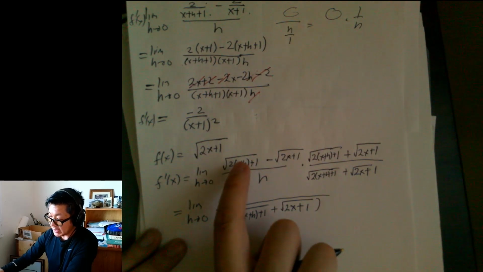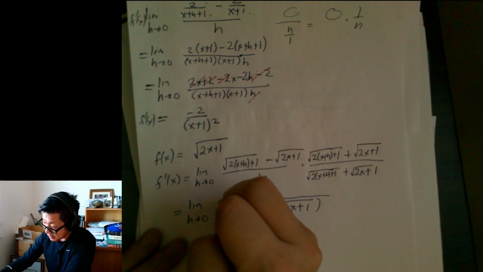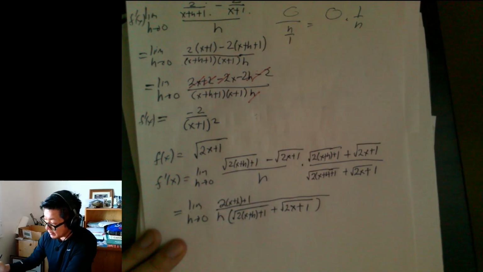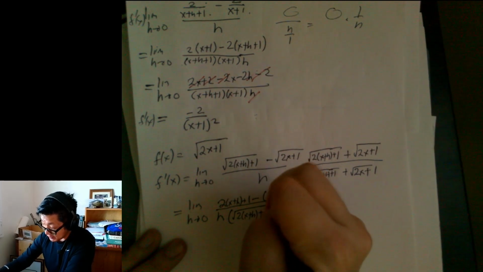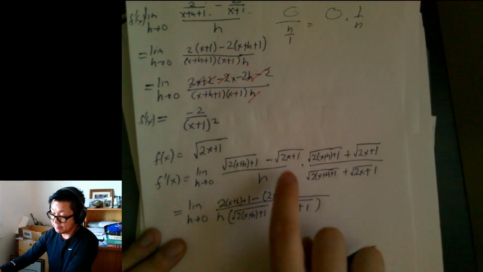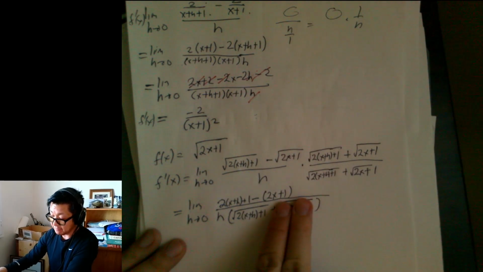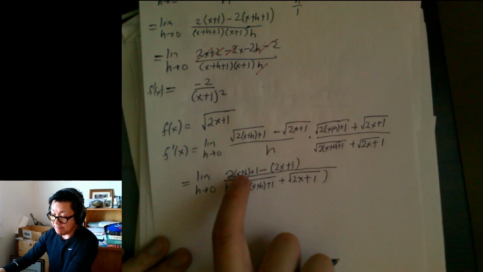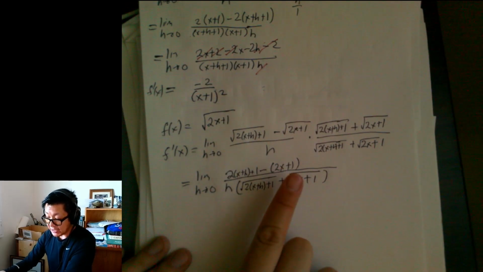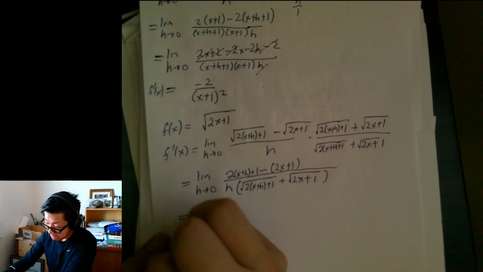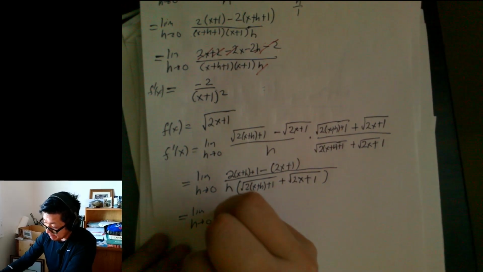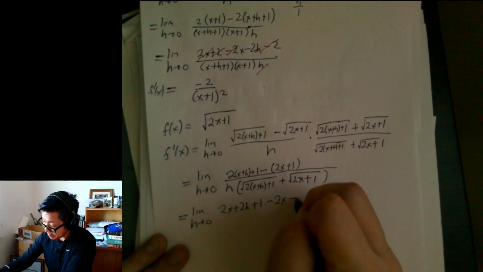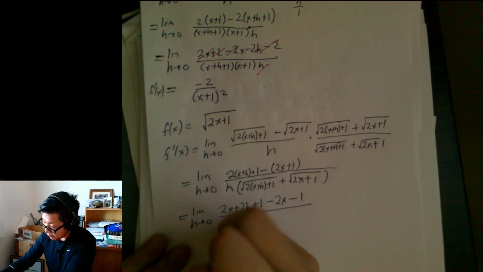The numerator, because that'll be this squared, that'll just be 2x plus h, quantity, plus 1, minus parentheses 2x plus 1. Again, don't be sloppy with distributing that negative. Now when we distribute everything out, again, everything in the numerator that doesn't have an h should cancel out. Which it does.